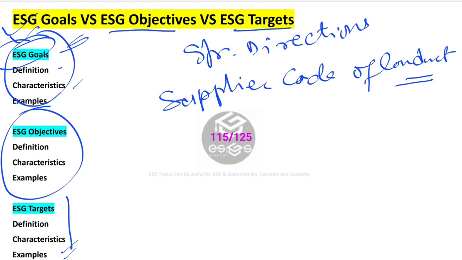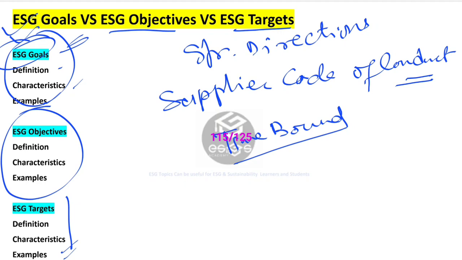Also, the ESG targets provide a clear indication of success and are often time bound. What can be the characteristics? As I said, quantifiable metrics and time bound. Also aligned with objectives. Targets are directly linked to ESG objectives, serving as KPIs to monitor and evaluate the performance.